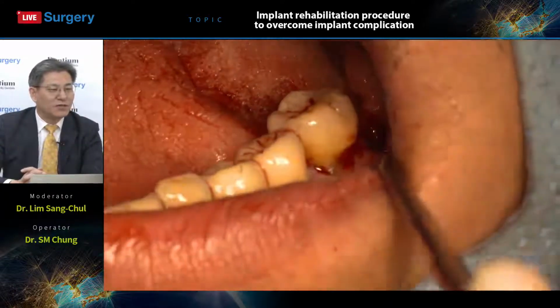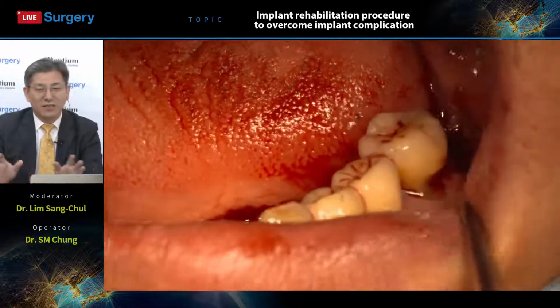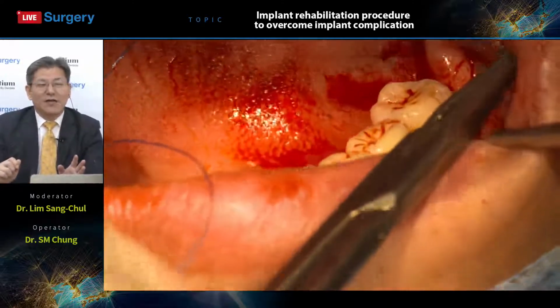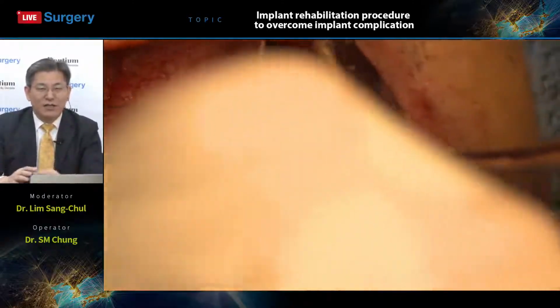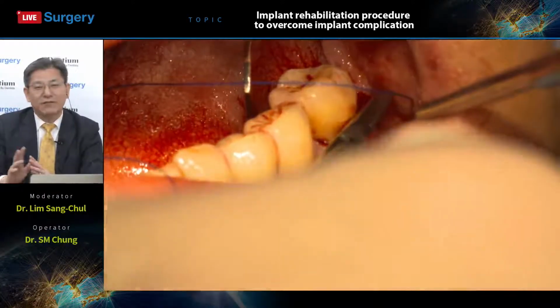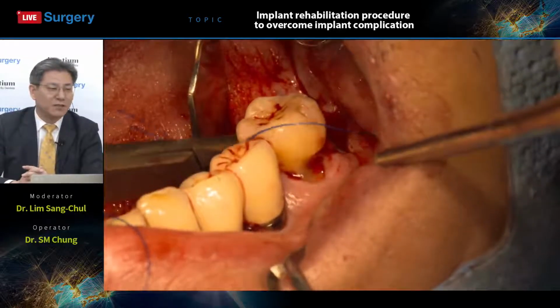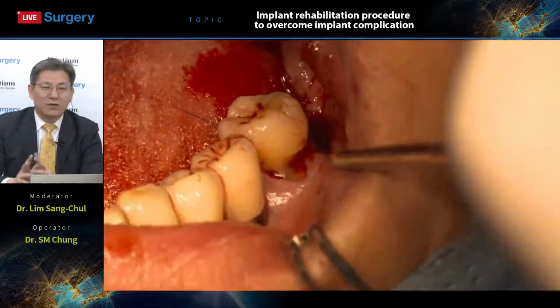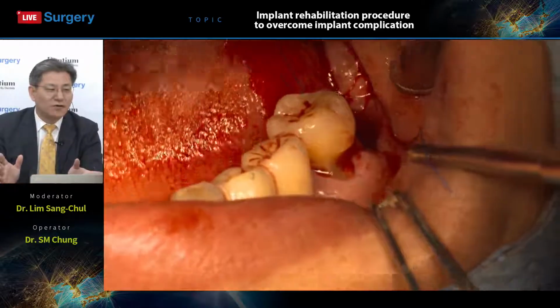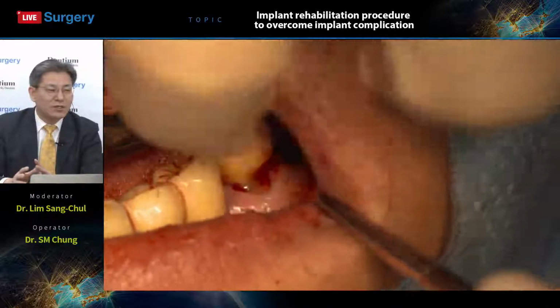So, generally speaking, in this area, just remove, suture and leave it for 4-5 months, and then after that, try again for another new implant placement, right? So you don't need any more bone grafting. It is not necessary to do any other procedure.